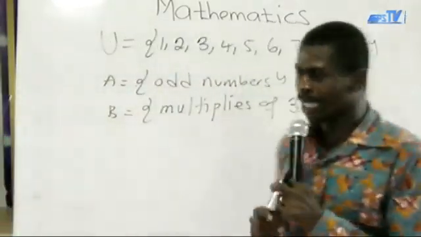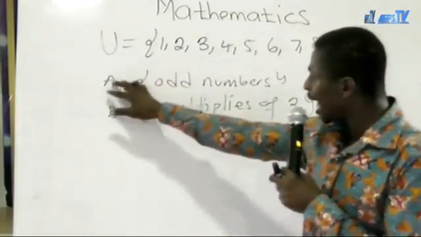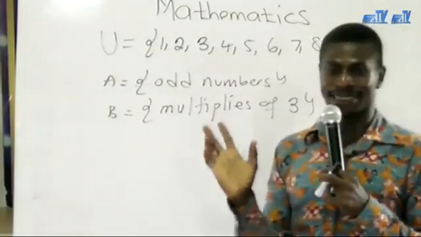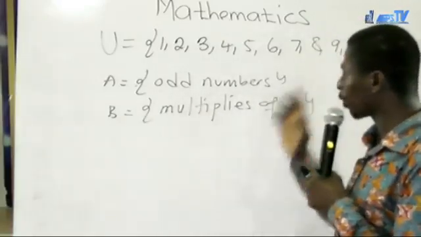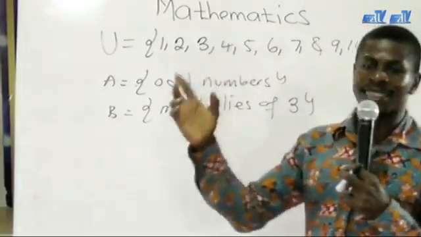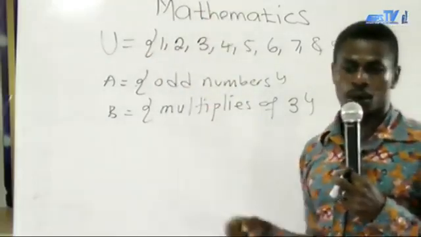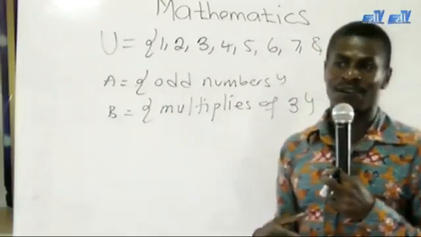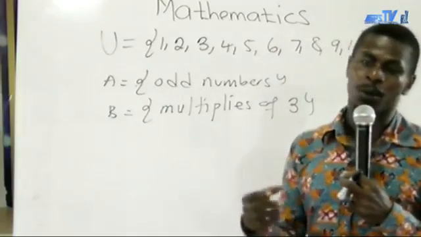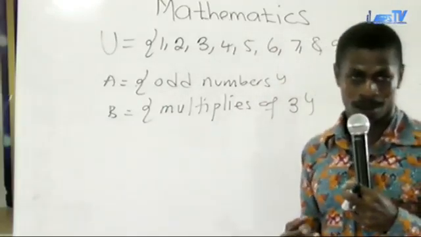As soon as students see set A to be odd numbers, they begin to write. As soon as they say that B is multiples of 3, they write and put 3 dots, because Sir has just said that multiples are infinite sets. And so they want to show the teacher that they know.